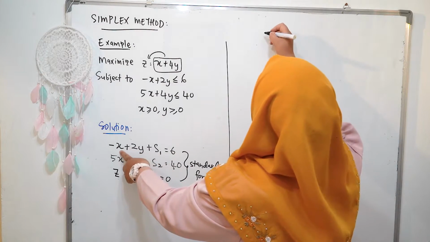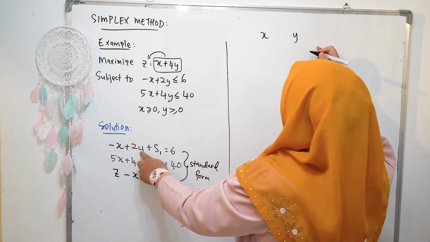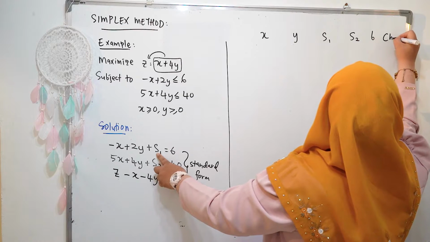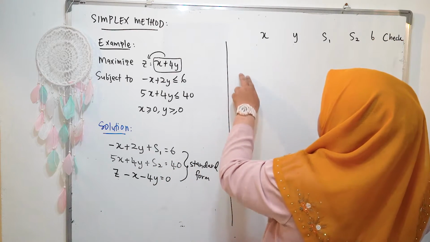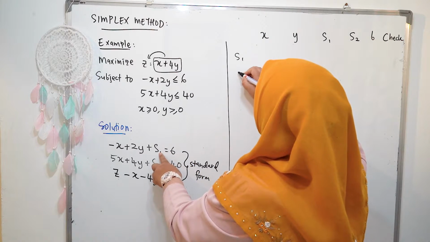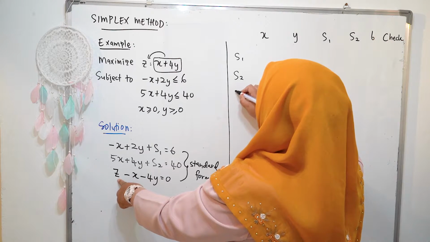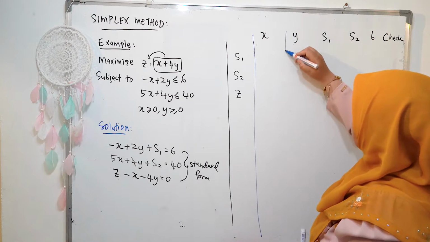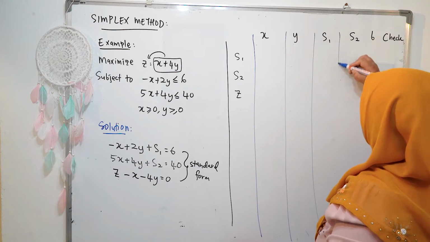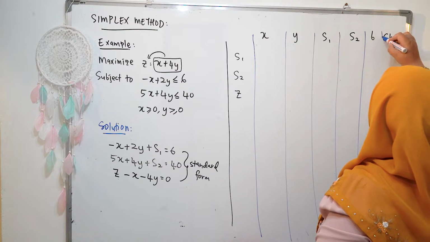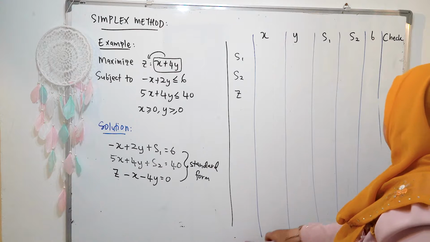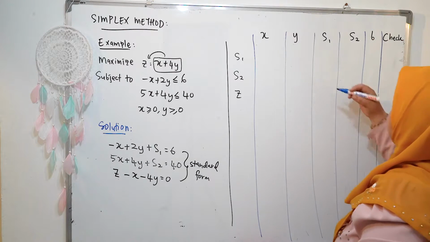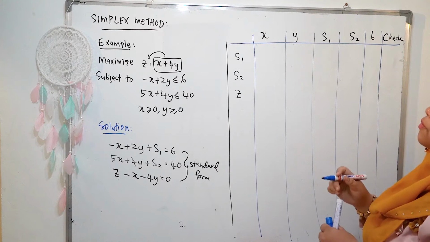So I make the table. I start with the variables x, y, s1, s2, b, and check. I put the slacks s1, s2 and the objective function z as the rows.